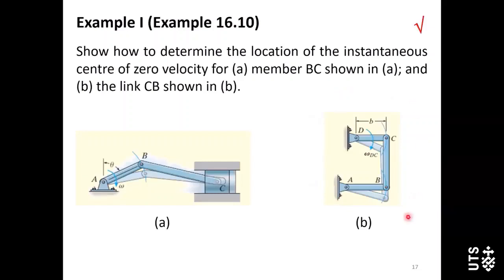Now, another mechanism. In this one here, we have three links. One is CD, and this one is undergoing rotation about a fixed axis through point D. We have another link AB undergoing rotation about a fixed axis through point A. Link BC is undergoing general plane motion.